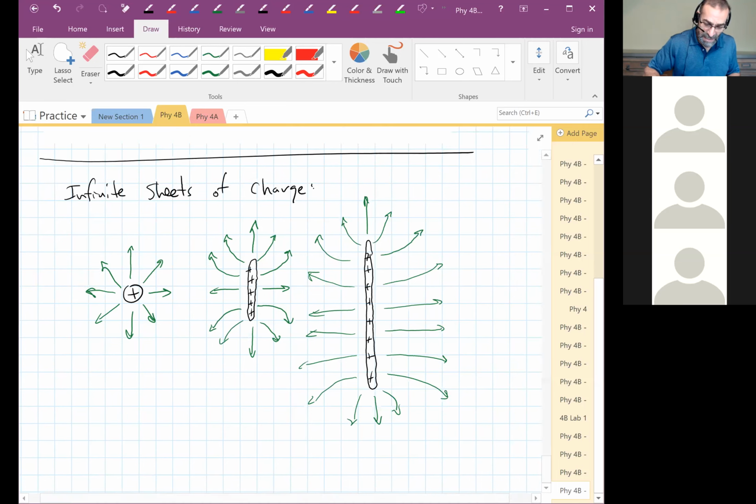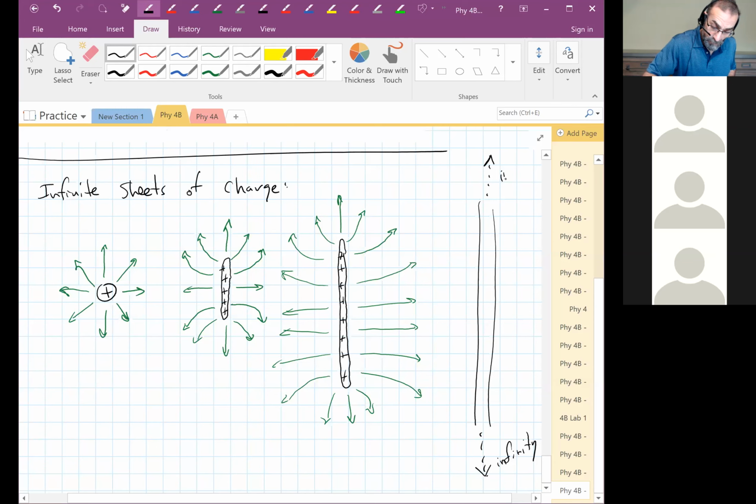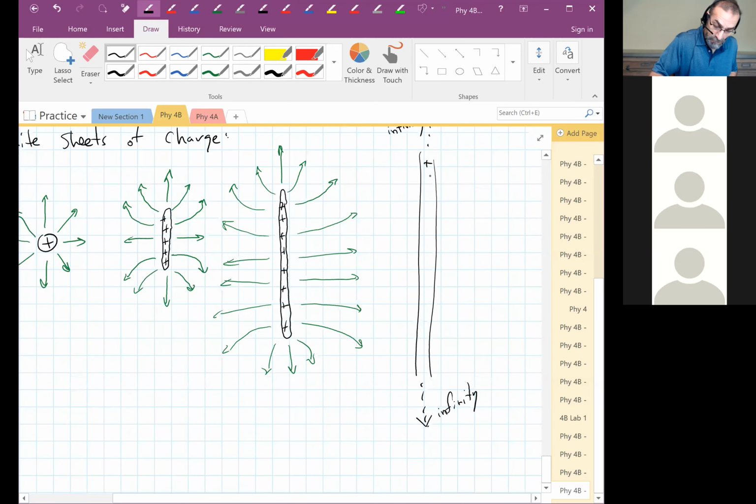So if we had one that was infinitely long, then the electric field lines would all be parallel.